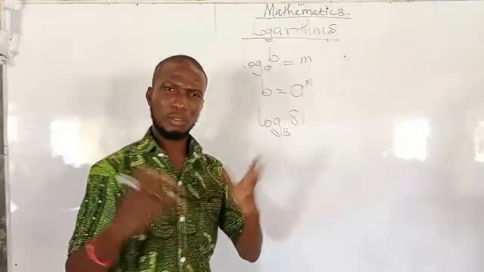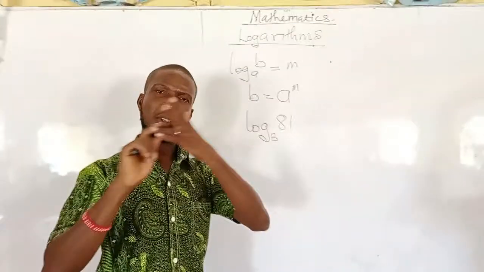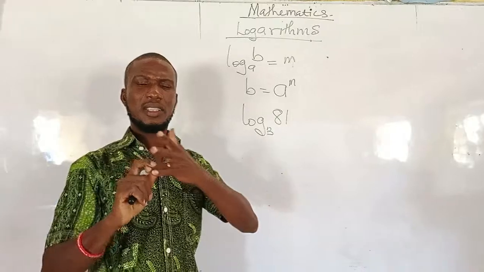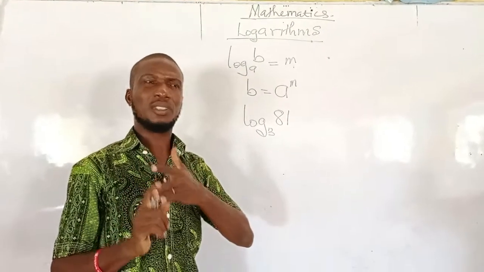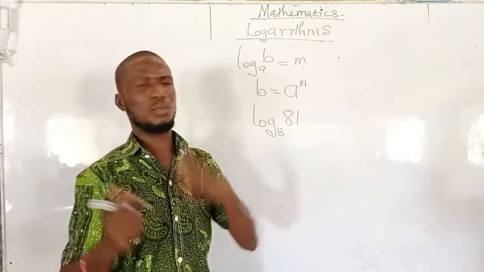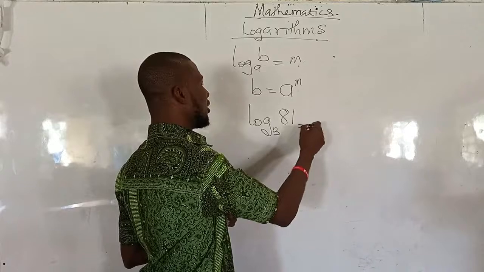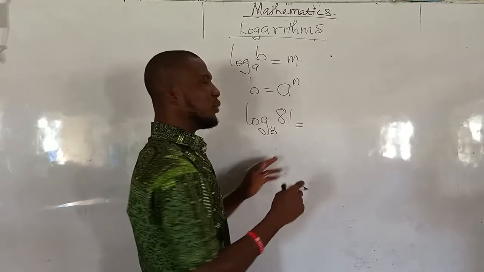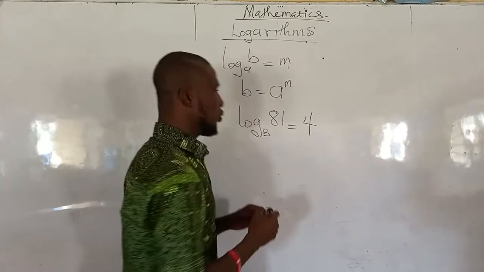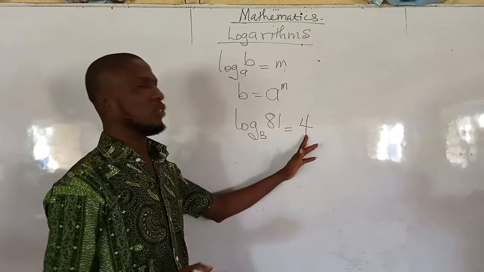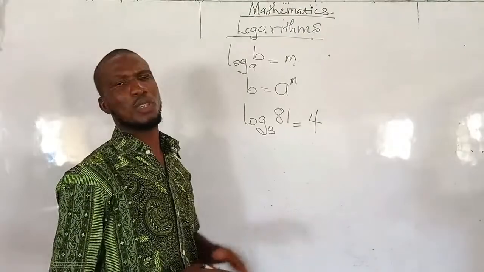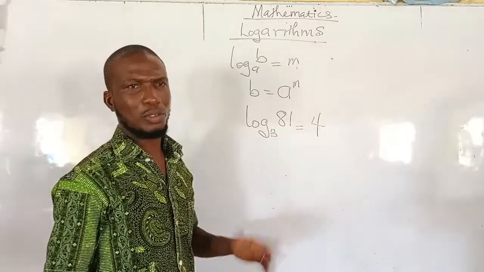And we know that that is 4, because 3 squared is 9, 9 times 3 is 27, and 27 times 3 is 81. So log 81 base 3 is equal to 4, because 3 exponent 4 will give us 81.